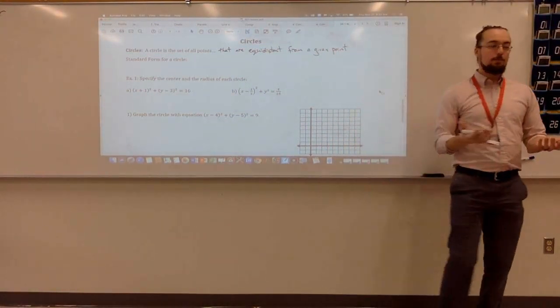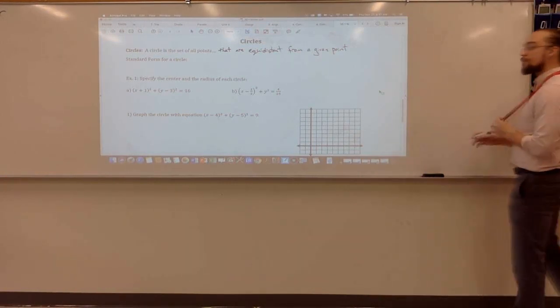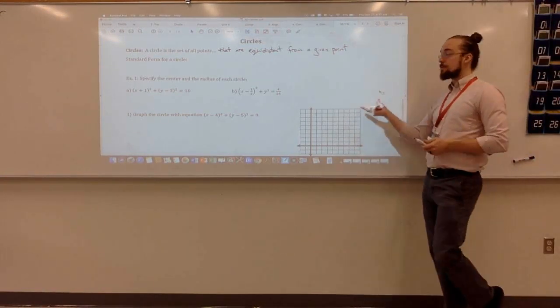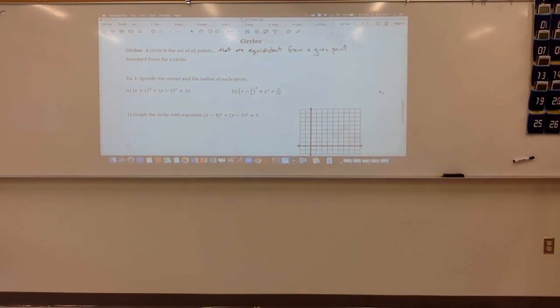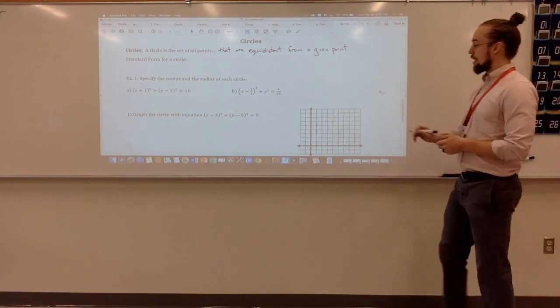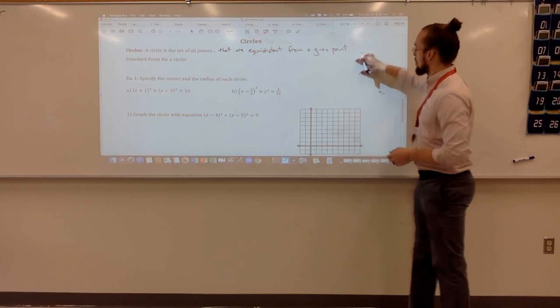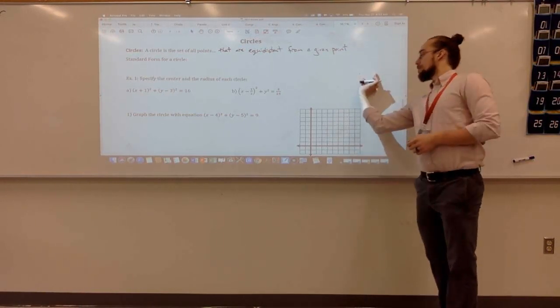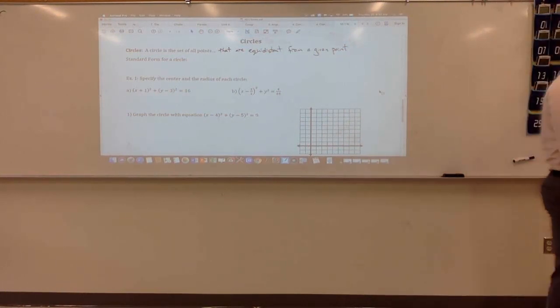That given point would be the center of the circle. So we're taking every single point that is the same distance from the center of the circle. That distance would be the radius. So we're essentially saying, here's my center, I'm going to take the radius and take every single point that's that distance from the center. That's our definition of a circle.